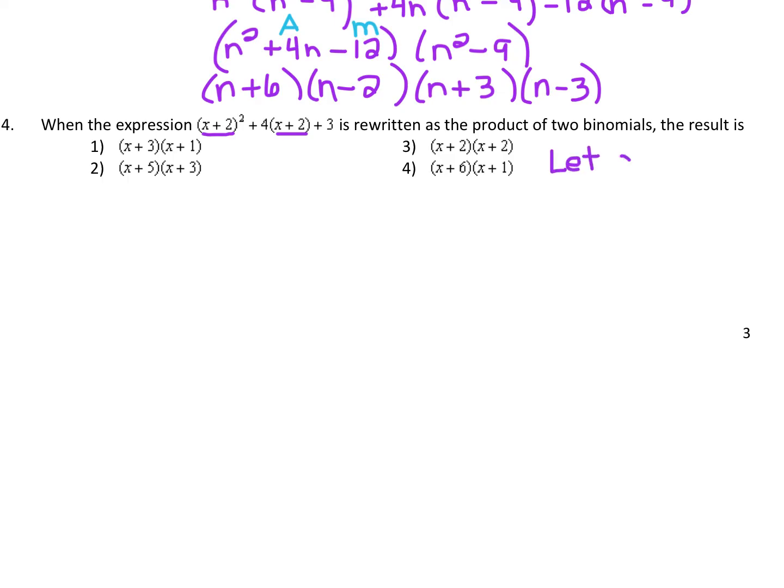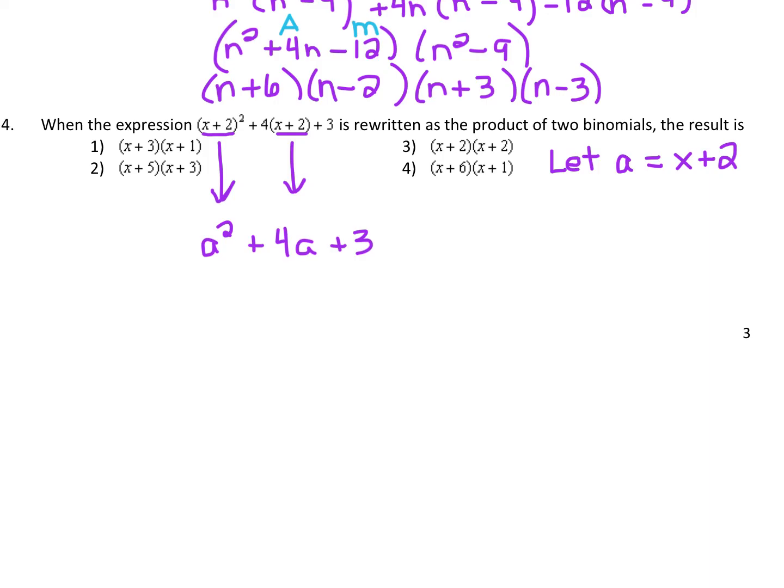But I'm going to let a equal what we see in those parentheses. So I'm going to let a equal x plus 2. Since a is equal to x plus 2, I can replace what's in these parentheses with an a. So I'm going to rewrite this as a squared plus 4a plus 3. The reason I do that is because now I've created a really easy trinomial to factor.